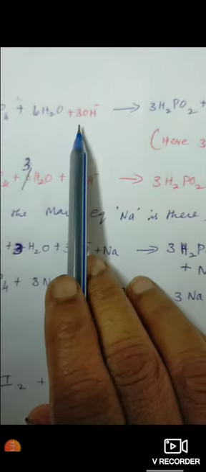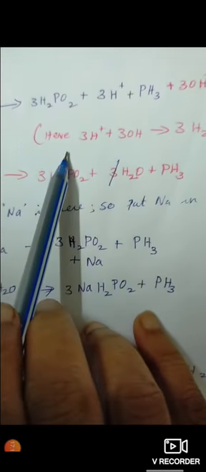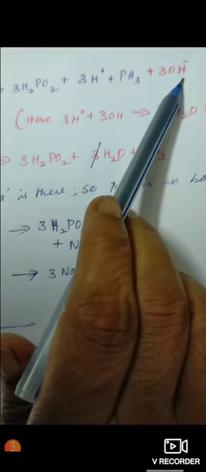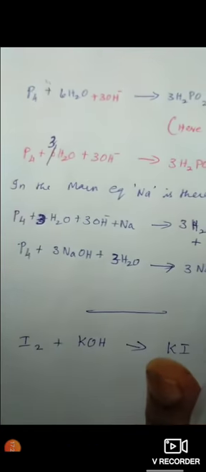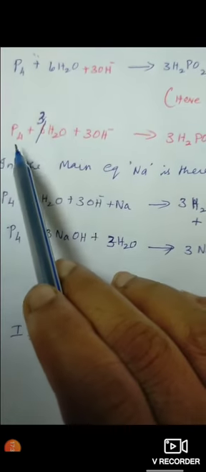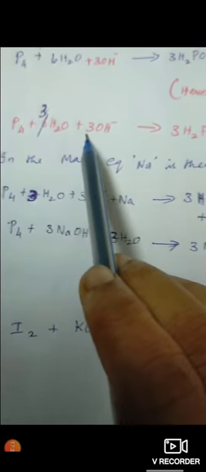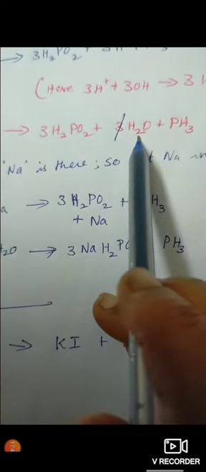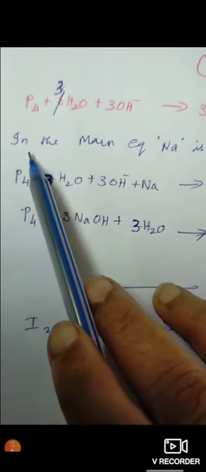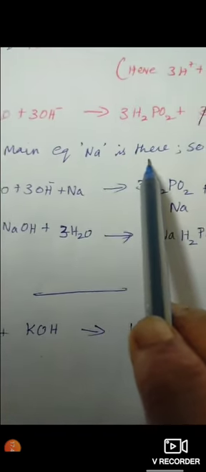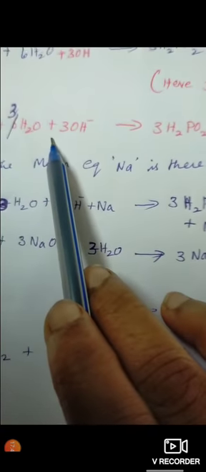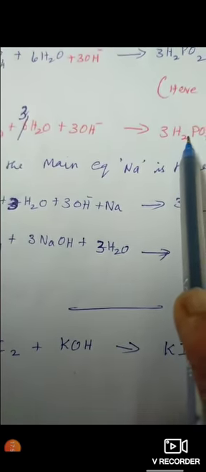When we are adding 3 OH here and here, 3H plus and 3 OH minus combine and form 3 moles of water. 3 moles of water is present here, 6 moles of water is present there. So finally we are getting 3 moles of water. So P4 plus 3H2O plus 3 OH gives 3H2PO2 plus H2O plus PH3. In this main equation, sodium is there, so we have to add sodium on the reactant side as well as the product side.